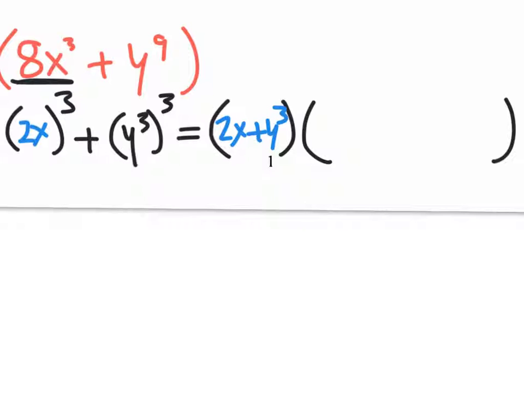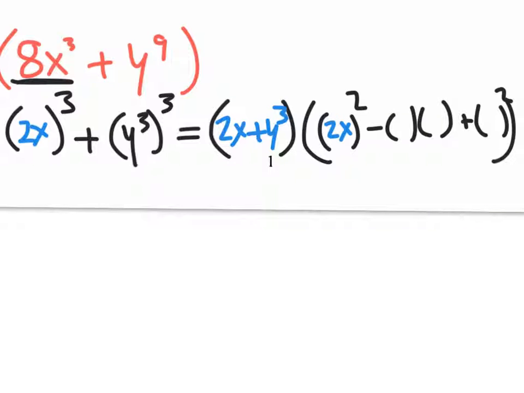And in the trinomial, I'm going to have a squared, and then it's going to be a minus a times b, and then the plus b squared. Okay? So again, a is 2x, b is y to the third. That's an ugly 3, I apologize.